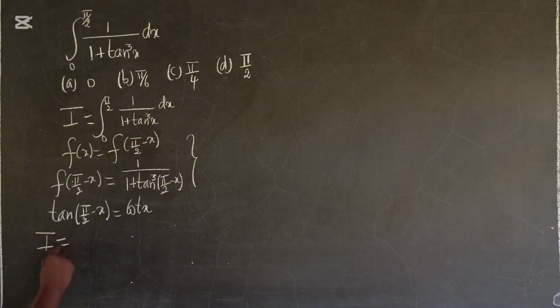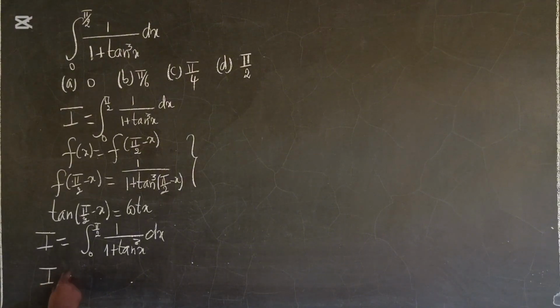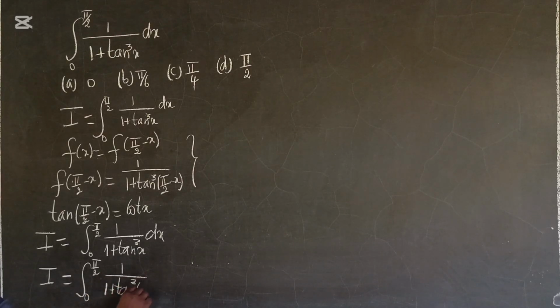So I, which is the integral from 0 to pi over 2 of 1 over 1 plus tan power 3x dx, we have another I, which is the integral from 0 to pi over 2 of 1 over 1 plus tan power 3 of pi over 2 minus x dx.